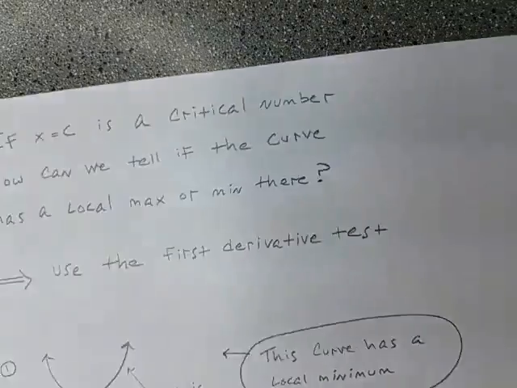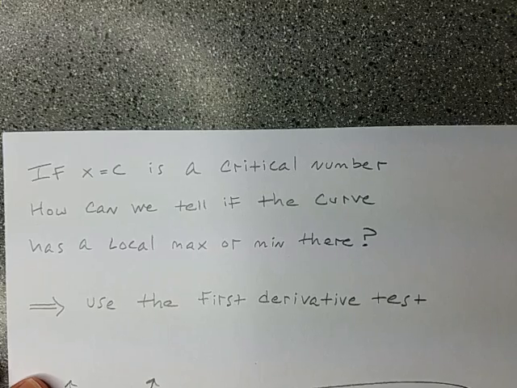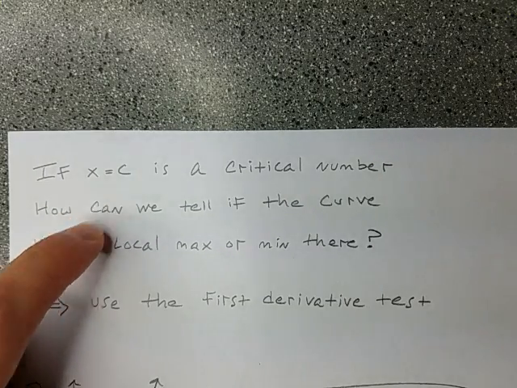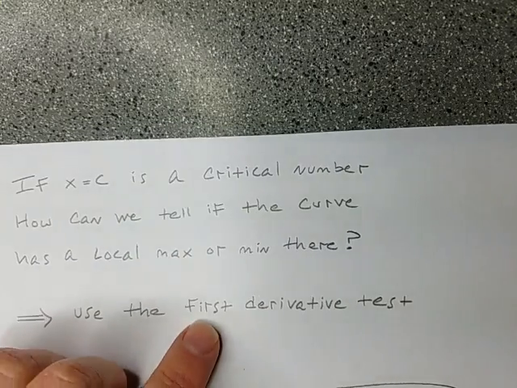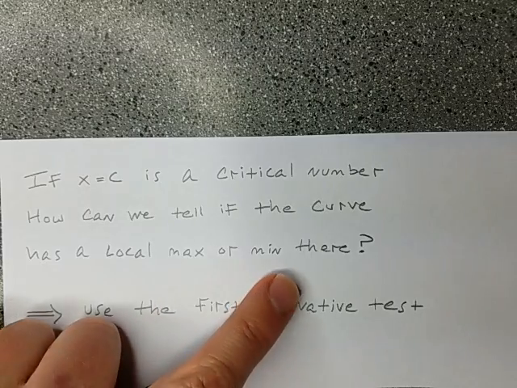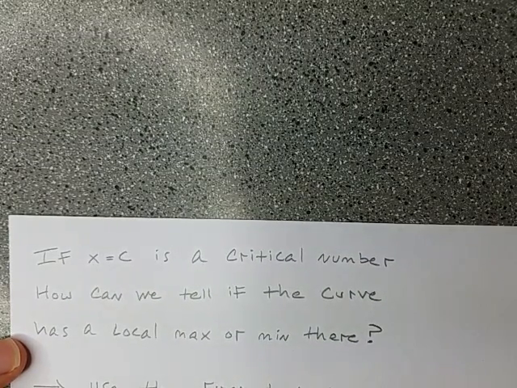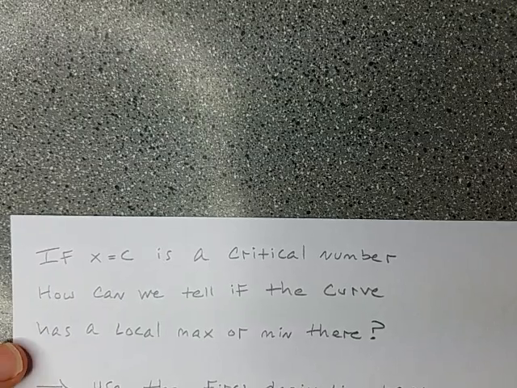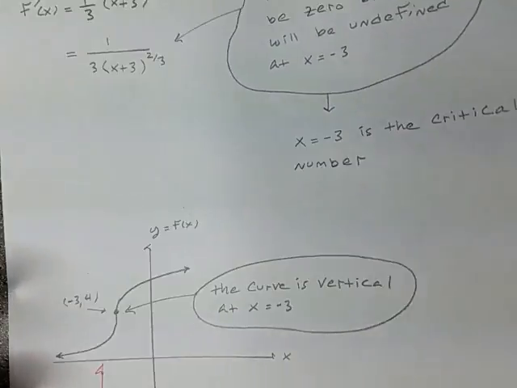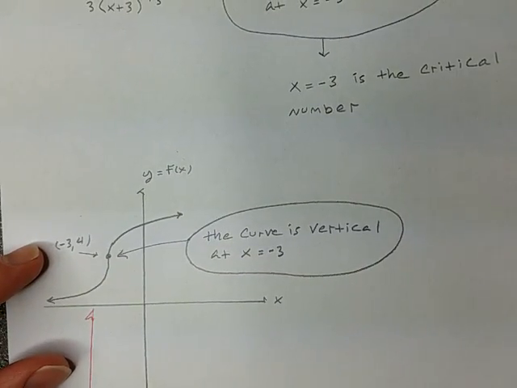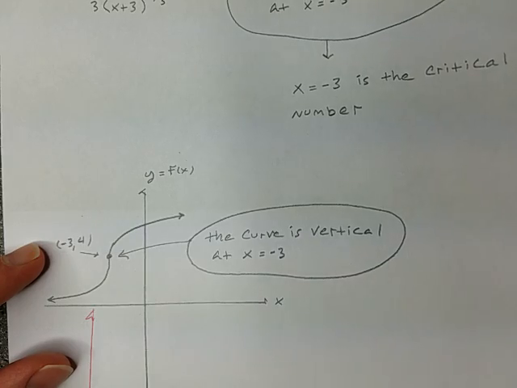Now we've seen cases where the derivative was 0 or the derivative was undefined. Let's think about this. Say you find a critical number. How can you tell if the curve has a local max or min at that point? With this one, you know because I showed you what the graph looks like, because that's something I wanted you to see.